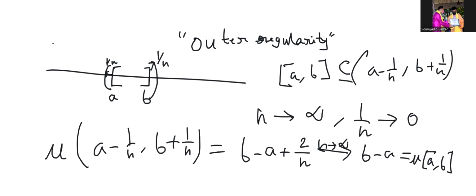Whenever I am approximating the measure by some open set, that means I am using the topology of the space X. So that is the notion of outer regularity. Right now I'm just saying these things intuitively. In a few moments I will define this in formal mathematical language. So this is outer regularity. Then there is another thing which is known as inner regularity.